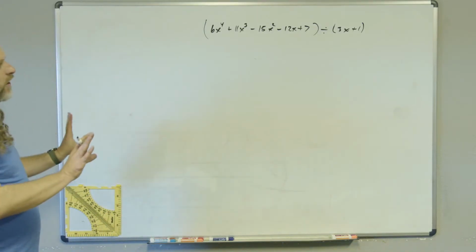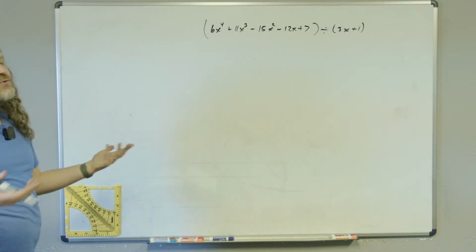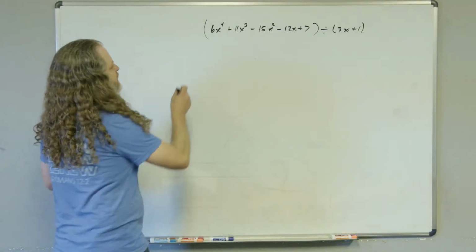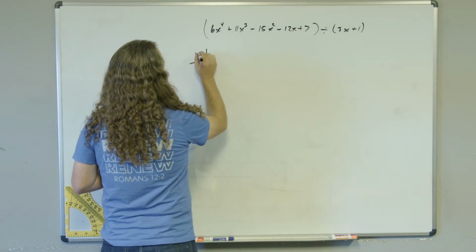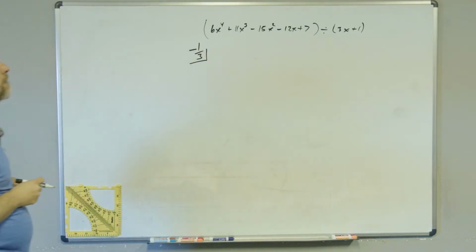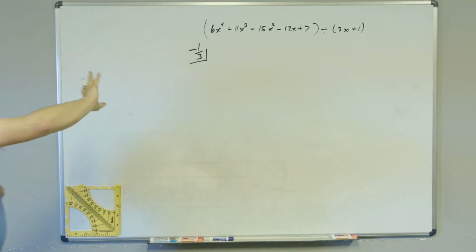Okay, so we have a problem because you can't do synthetic division yet. We have to do something else first. The 3x. So in the box is going to be negative 1/3. And then here, I'm going to write it out.